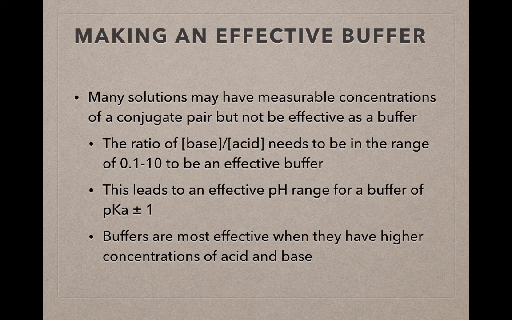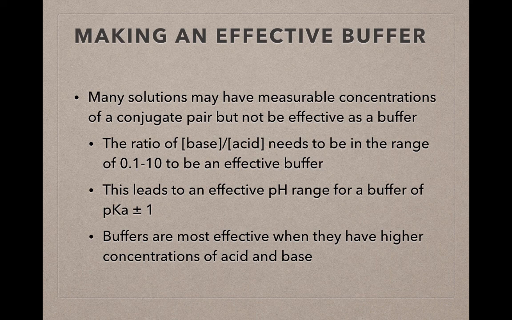Ideally, in order for a buffer to be effective at all, that base to acid ratio needs to be in the range of 0.1 to 10. And what that really does as far as the pH range is, if you take the pKa of the acid part of the buffer, and you have a pH somewhere in the range of plus or minus 1 of the pKa, then that solution can be an effective buffer.